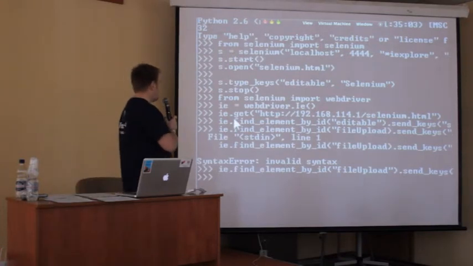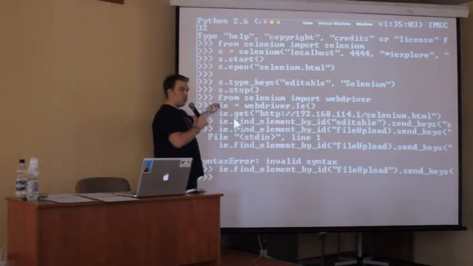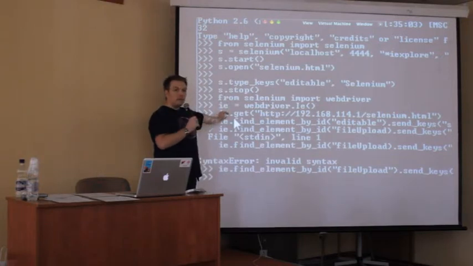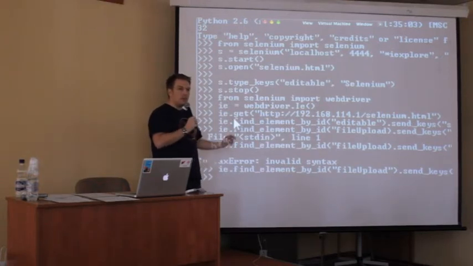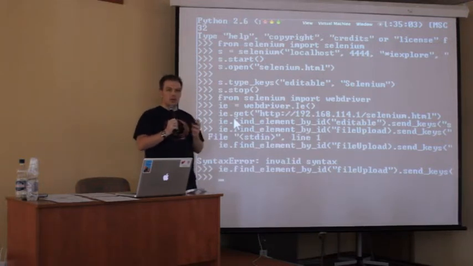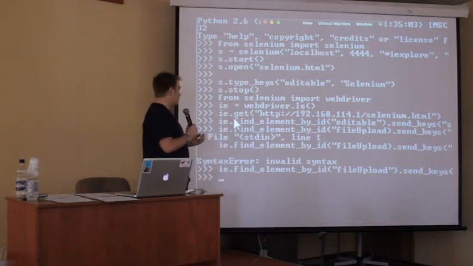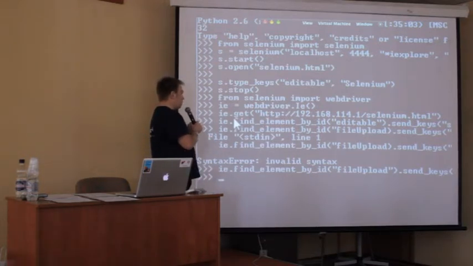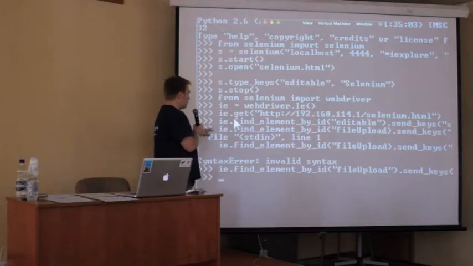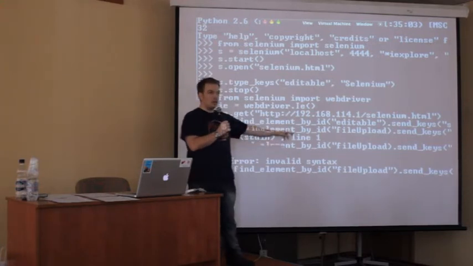with Selenium 2, I asked for a browser, then I tell it to get me the page, because get is the more understandable way because it's how HTTP works. You do an HTTP get, that's why it's like that. And then the big difference is if you want something on the page, you go, find me that element.